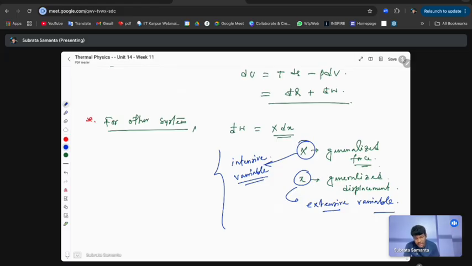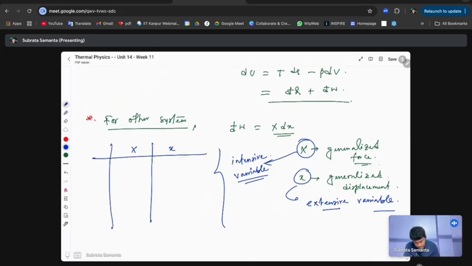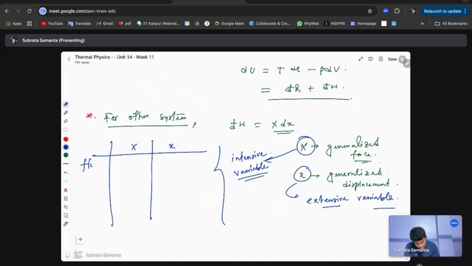So let's make a chart for the general things: capital X and small x. We have a system, let's say a fluid. For the fluid case, what is your generalized force?